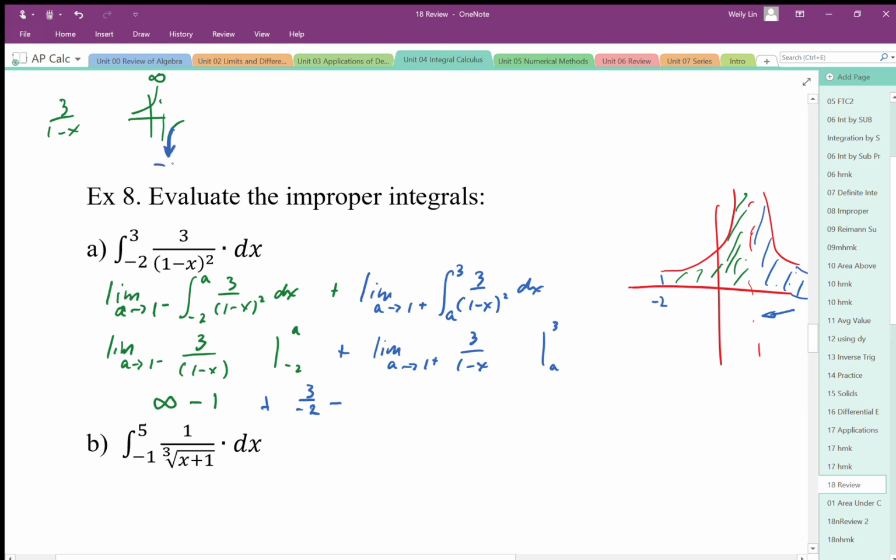It's going to go down to -infinity, so it's going to be minus -infinity. As it approaches the 1 value from the positive side, the 3 over 1 minus x function goes to -infinity from that side. So when I work that all out, that's just going to be infinity minus 1 plus whatever that is, plus infinity. It's going to be 2 infinities basically, where the area is infinite. This unbounded area is infinite.